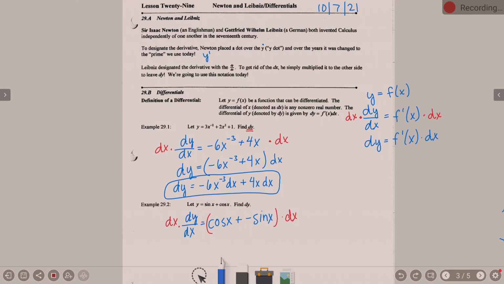So the dx's cancel. We have dy equals cosine x dx plus negative, forget that, I'm going to say minus sine x dx.